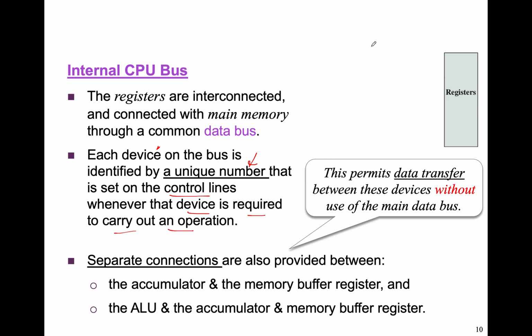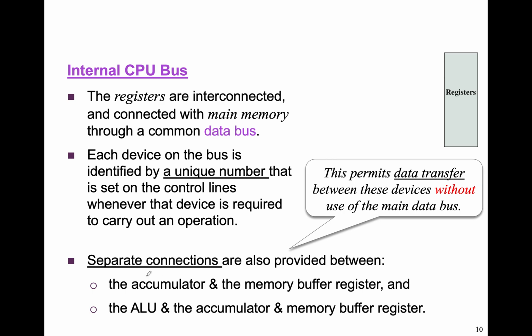Let's say you have the comparator, so you have a unique number, let's say 1 1. Another one is the subtractor, and the counter, 1 0 1. So whenever you want to call out your comparator, your counter, or your subtractor, you need to use the unique number.